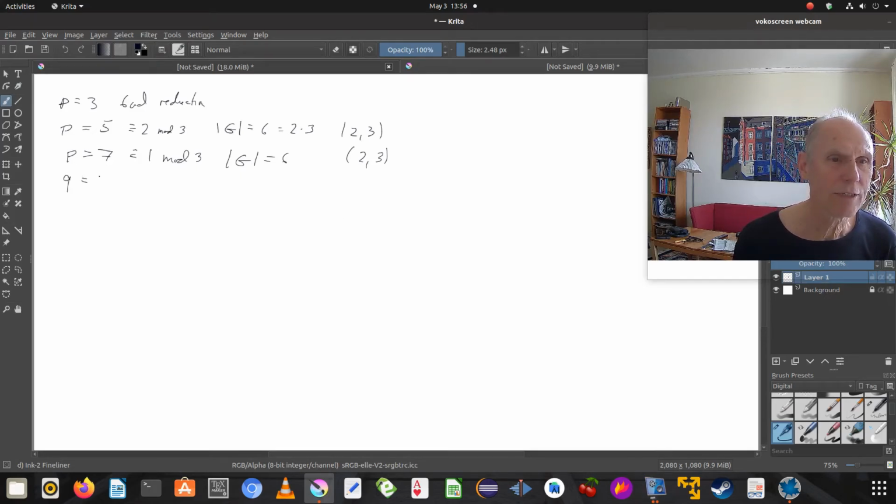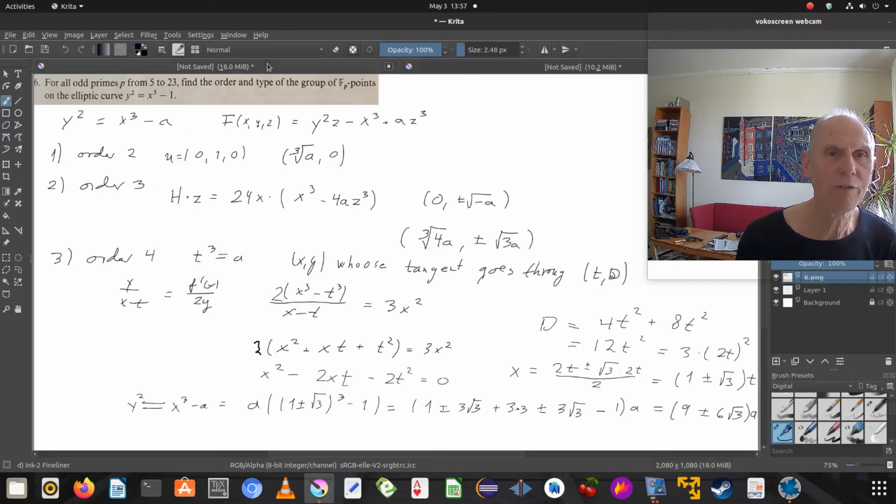The next guy is 11, and that's 9 plus 2, so we have 12 elements. We need to find out how many cubic roots of unity we have.